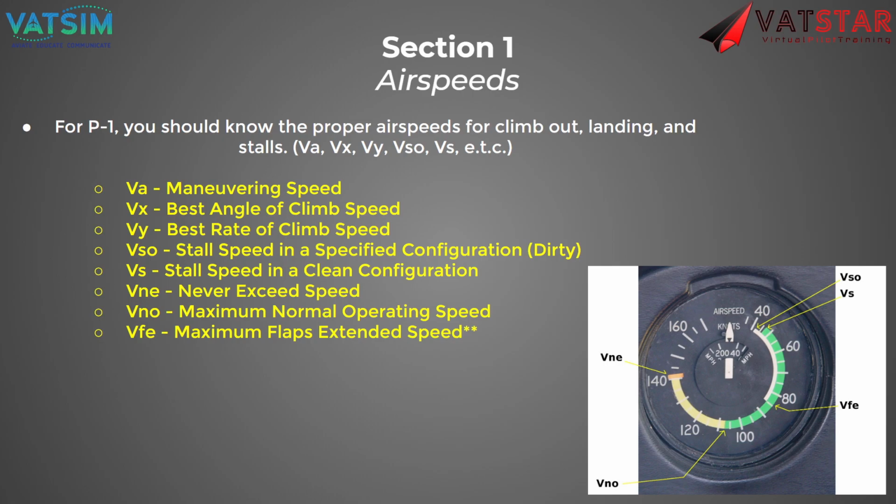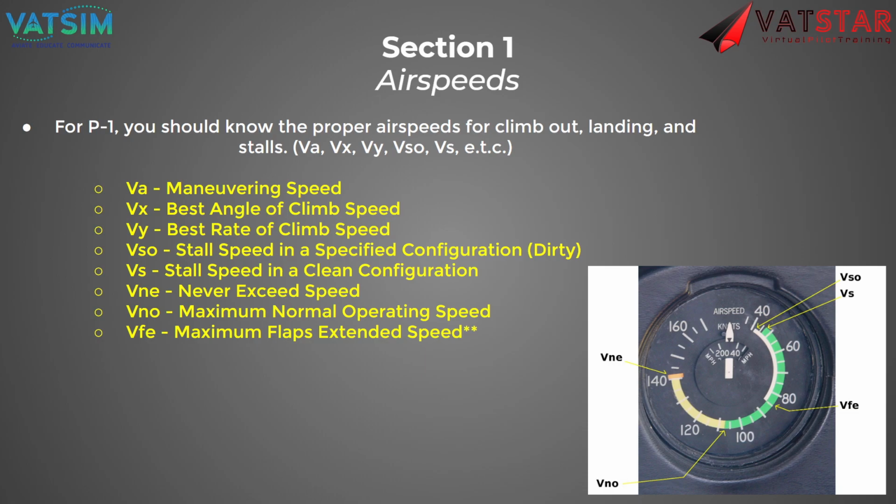So this slide you might recognize from last week if you're here. We're just going to go over it briefly again. What we have here is an airspeed indicator, and for the P1 you should know that there are proper airspeeds to climb out, land, and perform stalls at. VA, and the V stands for velocity, is what we call maneuvering speed, the speed at which you should do your maneuvers.